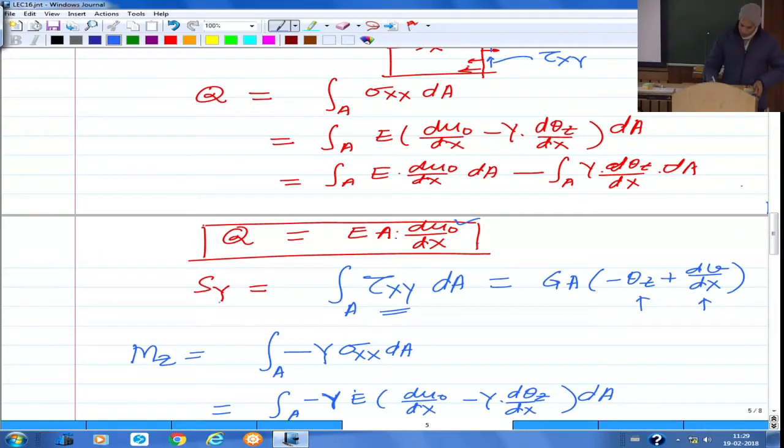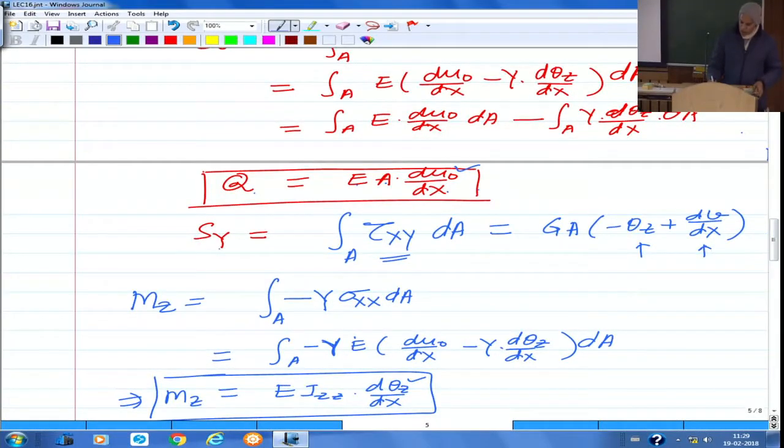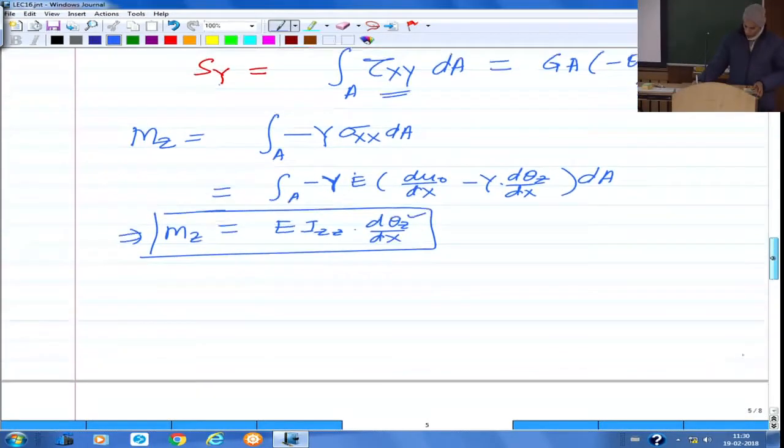So the rate of change of that into EA gives you axial force. And if there is no axial force, you will find that du naught by dx would be 0. And if any one point of the neutral axis or centroidal axis is fixed, then u naught would be 0 everywhere. So that is when there is no axial load.